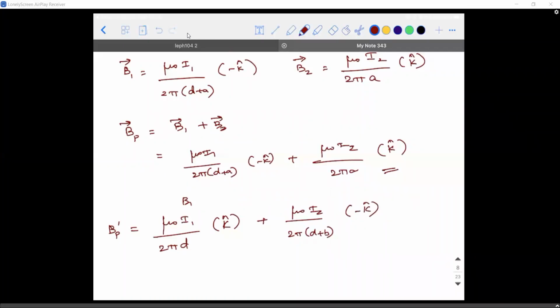This is due to B2. So you add these two, that is going to be the answer. That's it, guys.